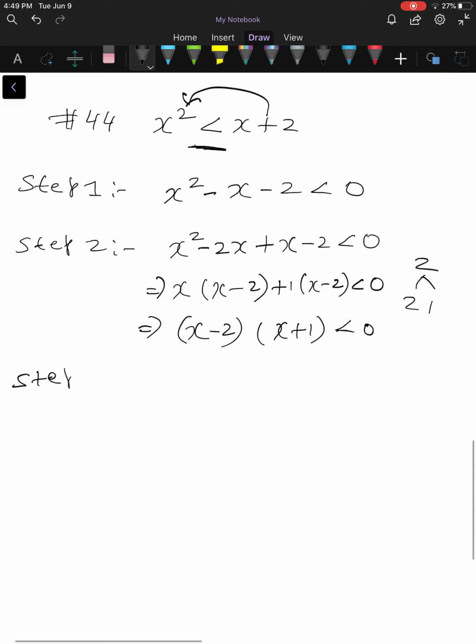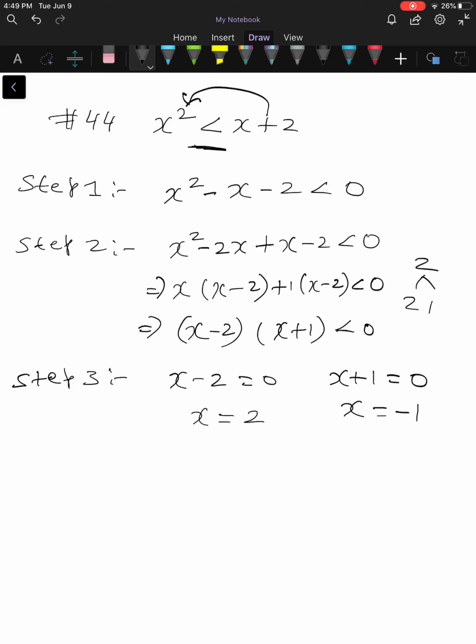Okay, step 3, equate the factors to 0. x minus 2 equals 0, x plus 1 equals 0, and find out what the values are. So that would be x is 2 and x is negative 1. Plot that on the real line and find out the intervals. So that would be 0, negative 1 and 2. Correct?